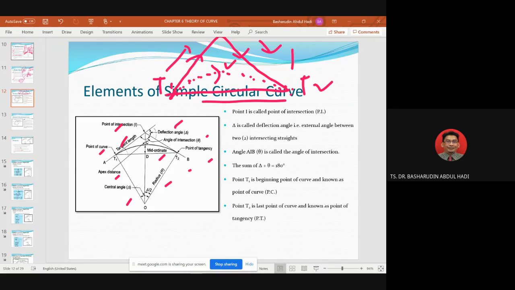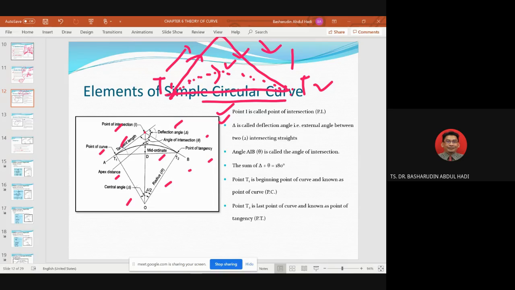Okay, next. Already interpreted this one. Next, we are going for points. So point I is called the point of intersection. The point of intersection is really important because if you don't have points A, I and B, this simple circular curve does not happen. So actually the intersection point, point I, is the point where lines AI and BI meet, in the same angle, same direction, like you reflect angle A to I, you reflect back to A to B, right?